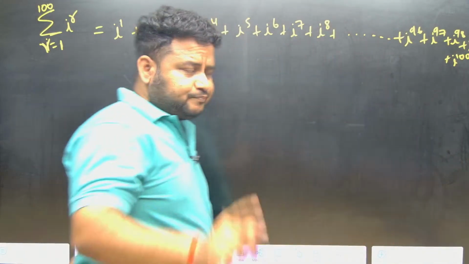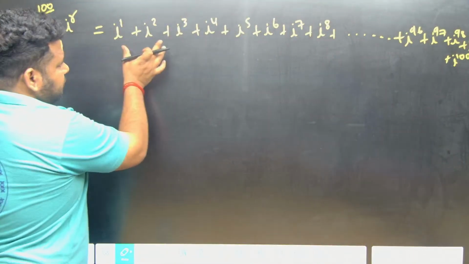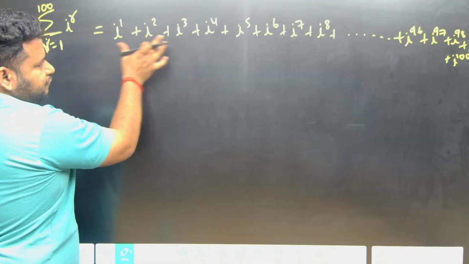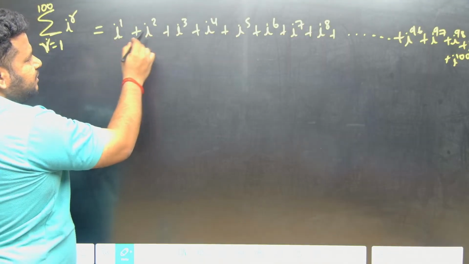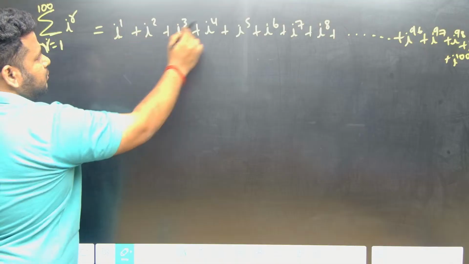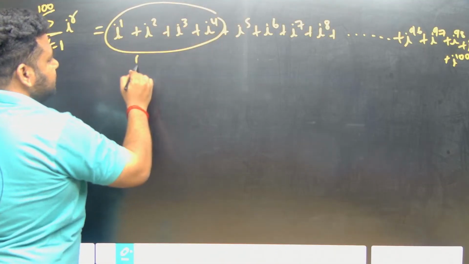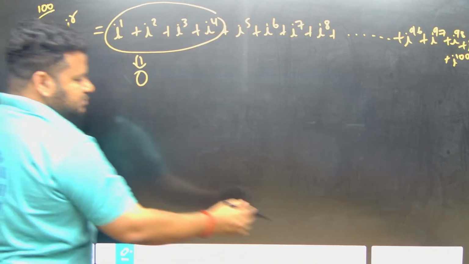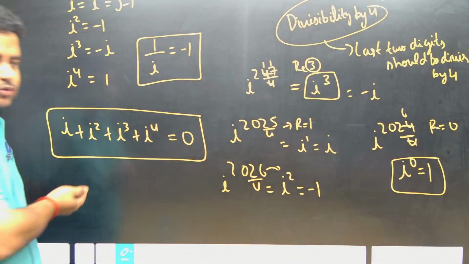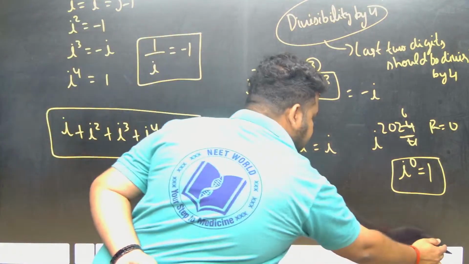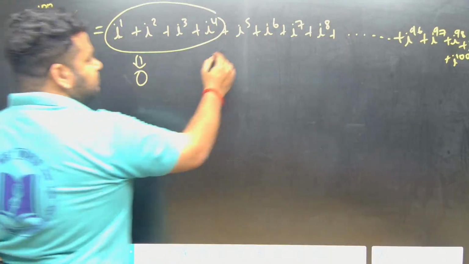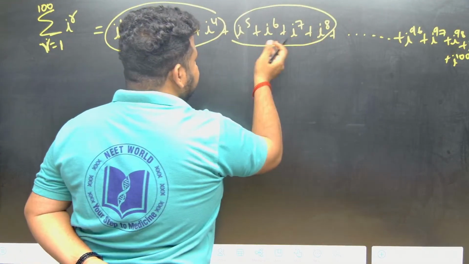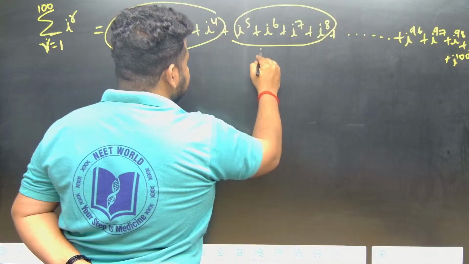I told you the 4 values of i, that is i power 1, i square, i cube, i power 4. This value will become equal to 0. This is what I told you. Similarly, the next four values of i will also become equal to 0.